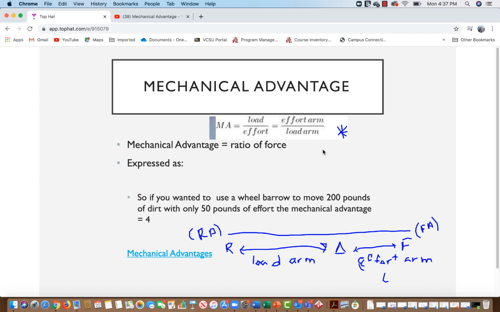So in very easy terms, we have an example here. If you have a wheelbarrow and you put 200 pounds of dirt in it, and with only 50 pounds of effort, then you have a mechanical advantage of 4. 200 divided by 50 equals 4. That is why a second-class lever is such an advantage to us, because we get this ability to do more work.